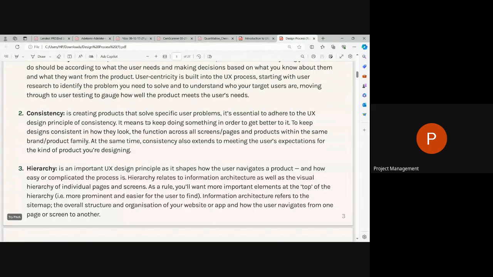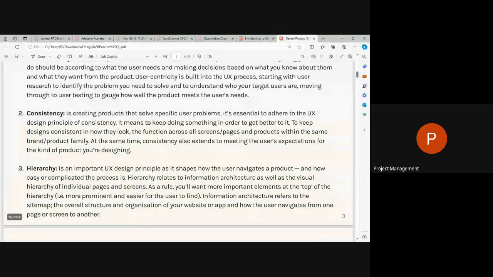On the website we have, for example, the services page, the products page, the registration page, the FAQ page, that is frequently asked questions, and the about us page. Whatever design elements you are using across all these screens, it has to be the same thing.